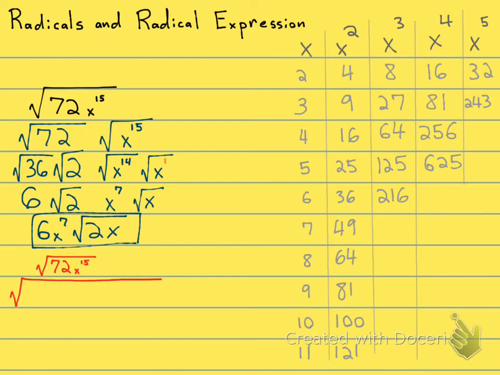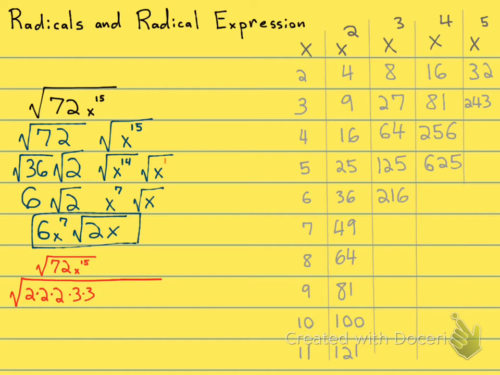If you need to learn about prime factorization, you can go find a video on that. But you can trust me here that 72 is 2 times 2 times 2 times 3 times 3. If you put this in your calculator, you'll find out that is 72.